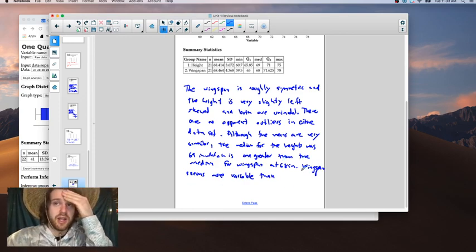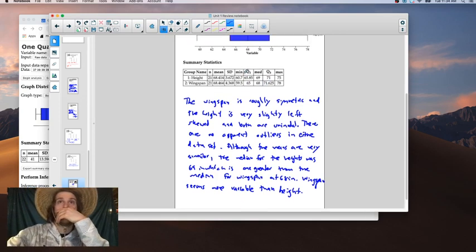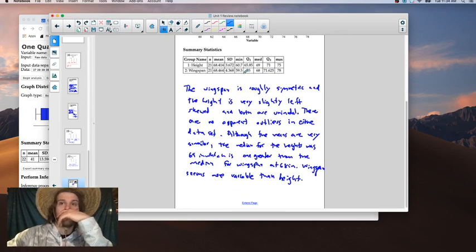The AP exam does not like it when you just say is more variable than height. Why? I know it's painstaking, but you have to actually reference the numbers that you are using. So basically, I think the easiest way for us to do this is we can talk about all three measures, really. The standard deviation is larger, the IQR is larger, and the range is larger.